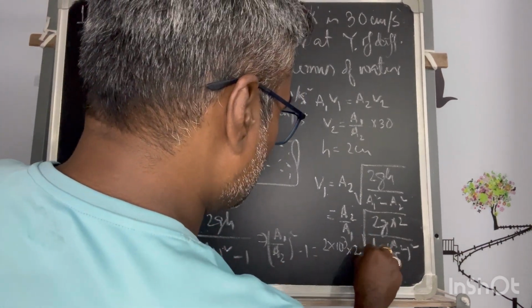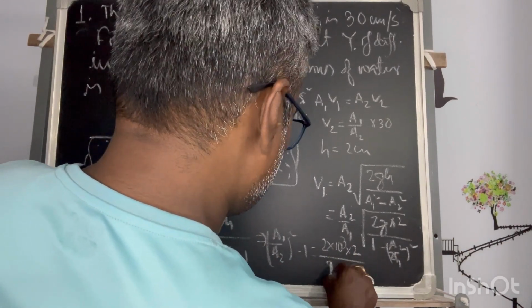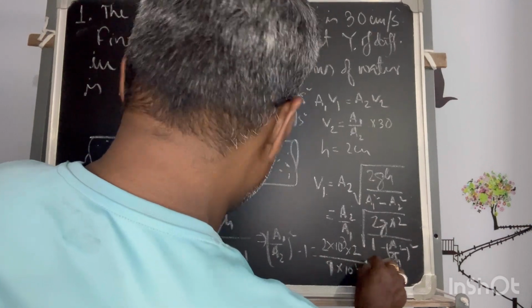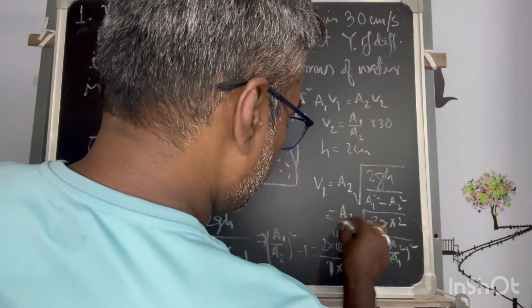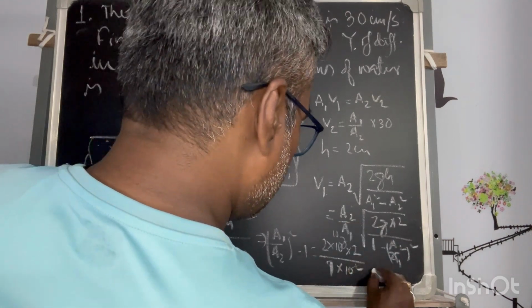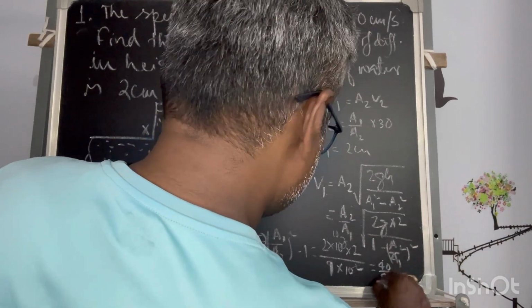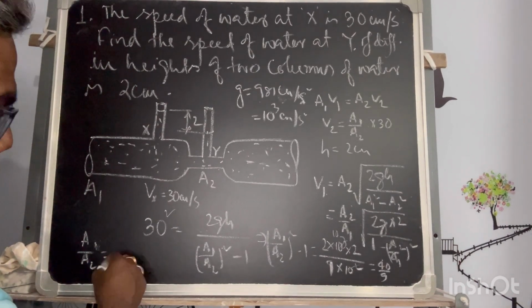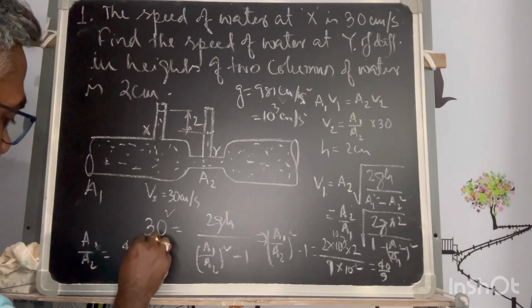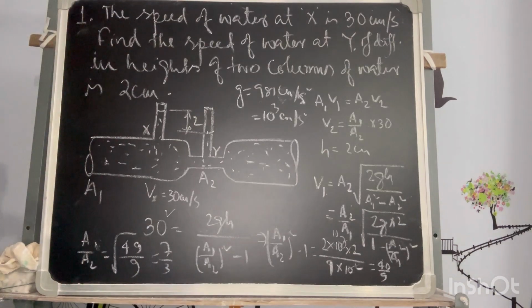H is equal to 2 centimeter, divided by 30 square, which means 9 into 10 square. This will cut, this will be 10, and ultimately how much? 2 to the 4, 40 by 9. So A1 by A2 is equal to the square root of 49 by 9, that means 7 by 3.